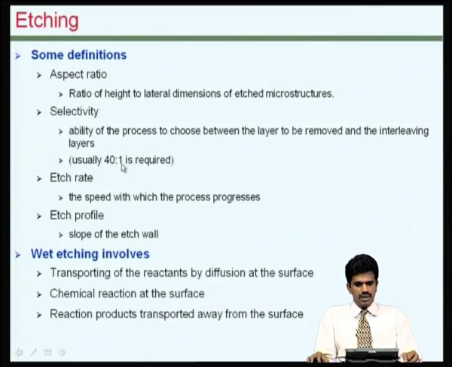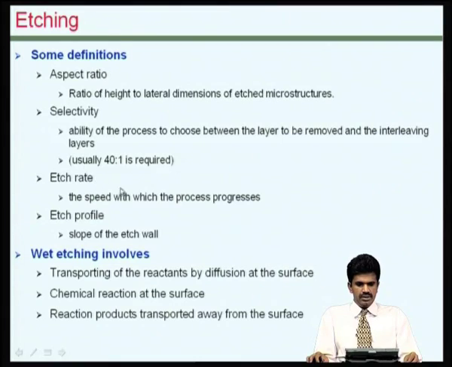Unless there is a large selectivity, the etchant could attack the SiO2, and once that is gone, the structural definition itself will be lost, and hence a high selectivity is usually required.